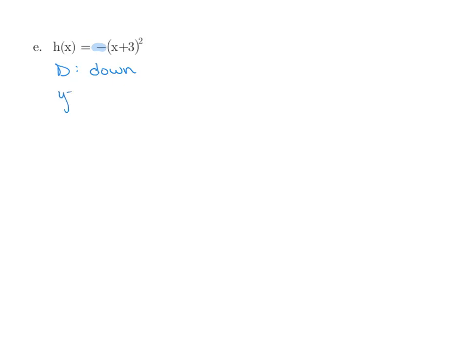Our y-intercept, if we plug in 0 for x, we get y equals minus 0 plus 3 squared. We get minus 3 squared, or minus 9.